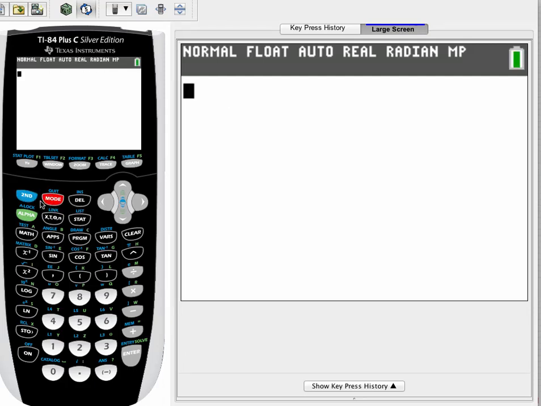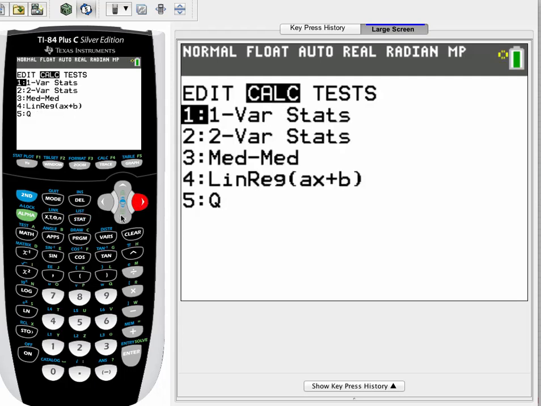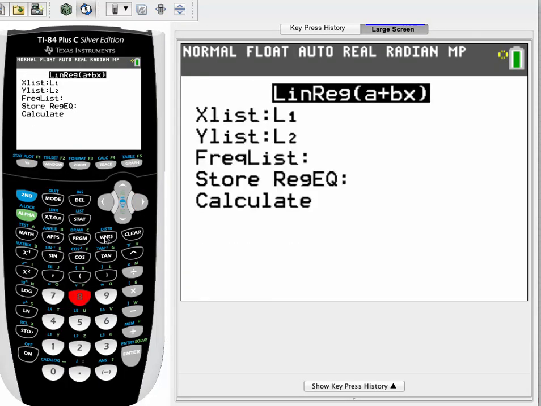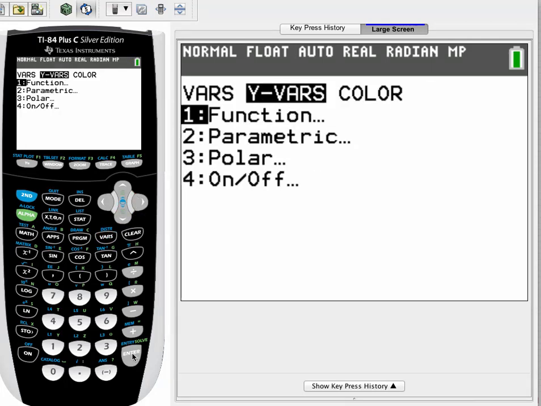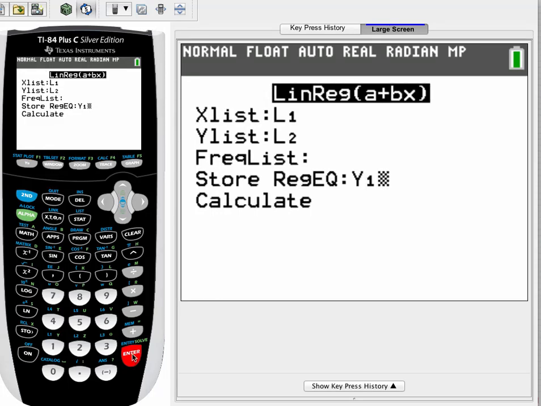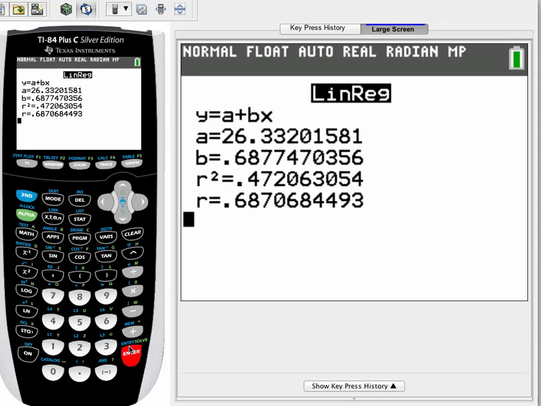Let's try that again. Stat, calc, 8. And we're going to store our regression equation in variables, y variables, hit enter for function and choose y1. Make sure your diagnostics are on so you can get all these values.